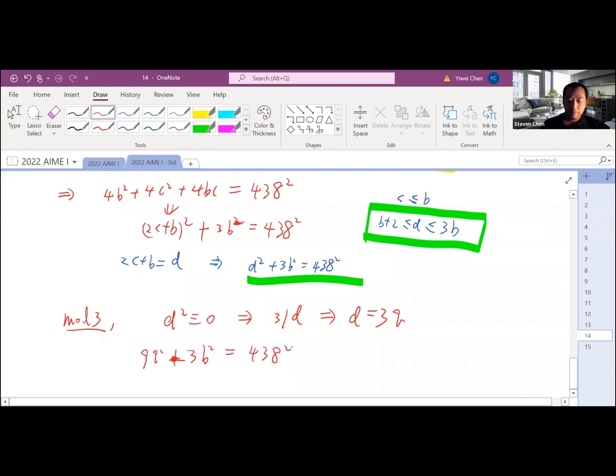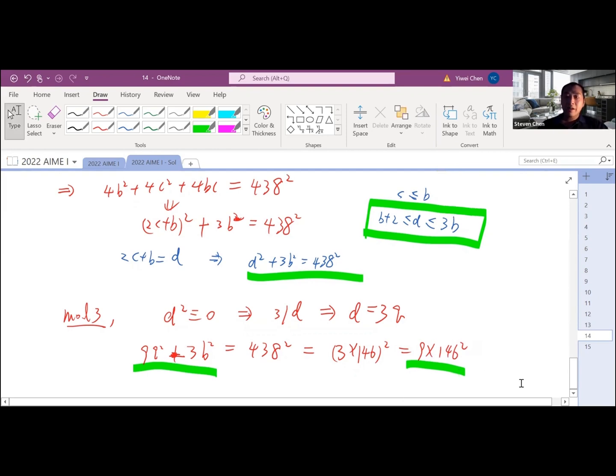Okay? All right. So what do we observe now? 438 is a multiple of 3. It could be written as 3 times 146. So it's equal to 9 times 146 squared. Let's look at this equation. The right-hand side is a multiple of 9.